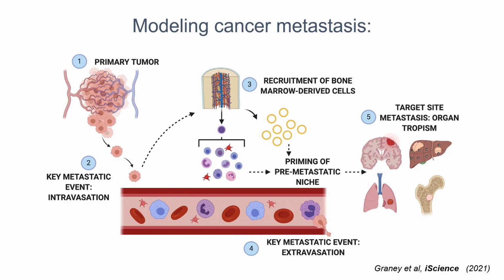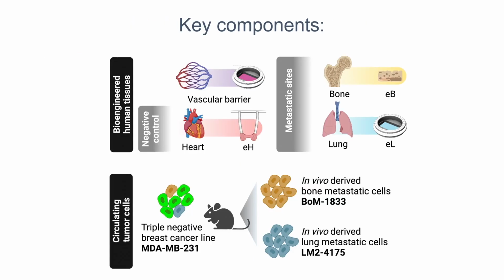Obviously, a very important question because for most cancer patients, most of the death toll is due to metastasis, not to the primary tumor. So this was the first question. Can we recapitulate metastasis? The second question, if so, can we tell which organ is likely to be affected? Is it going to the brain or bone or liver or somewhere else? So this was the thinking about the experiment.